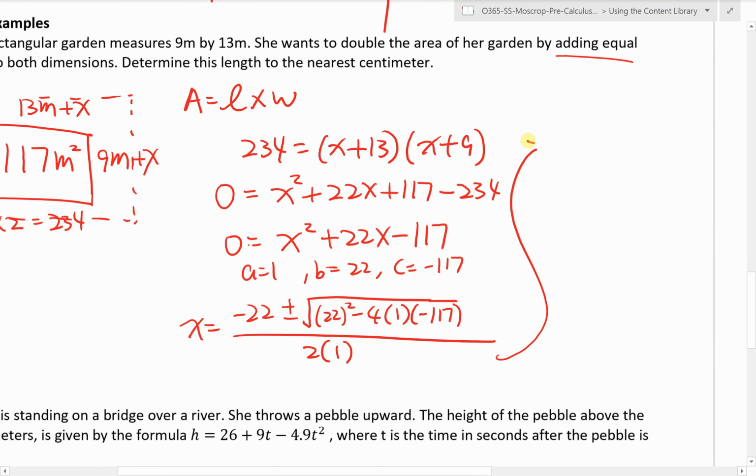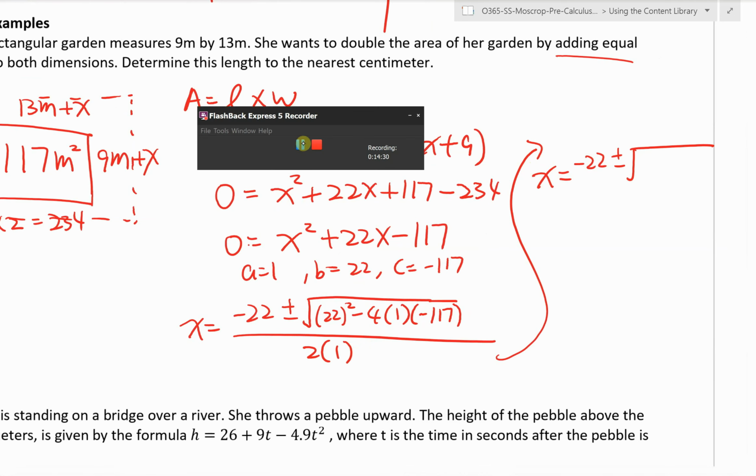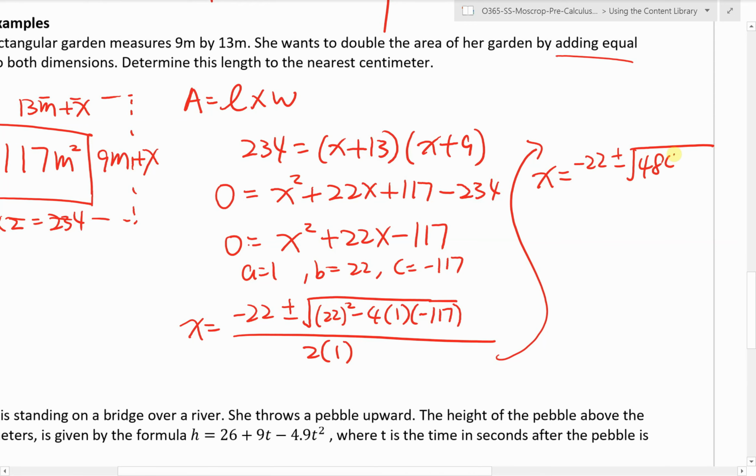Now you need to put this into a calculator. 22 squared, I don't know what that is. Let me put that into the calculator here. Okay, so 22 squared is 484, and then minus. We have a negative sign there, so it's going to be a plus.